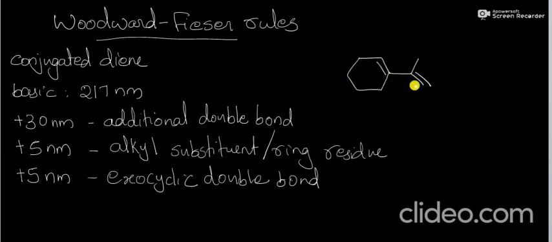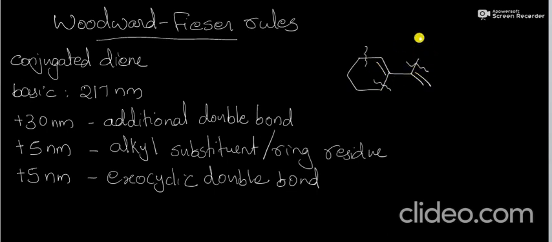This is an acyclic conjugated system. This is our chromophore, and it is attached with the 3 alkyl substituents. These two are ring residue and this is one alkyl substituent.